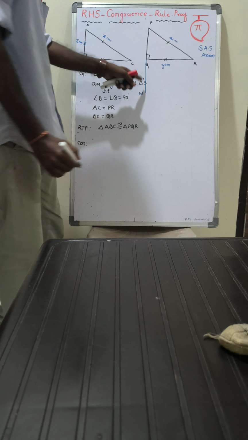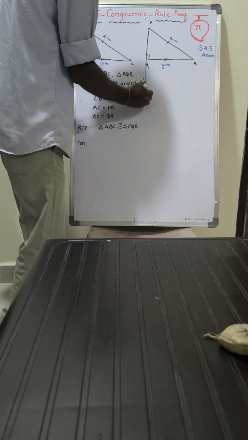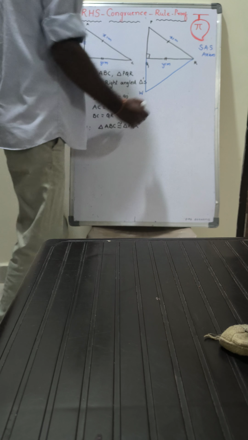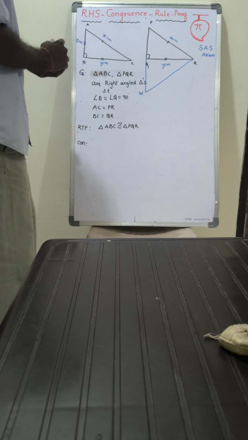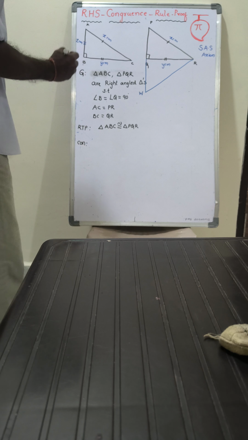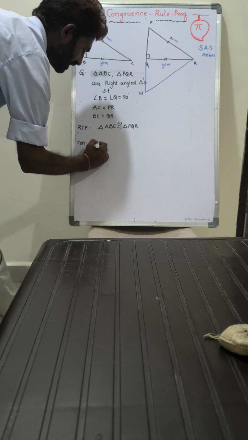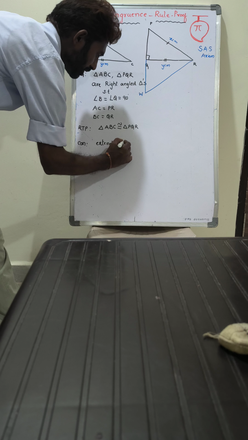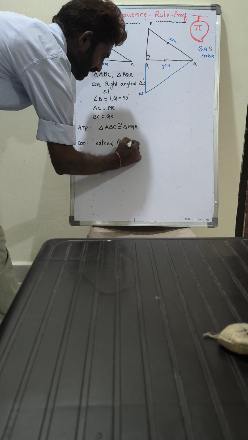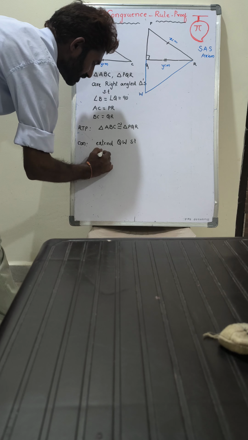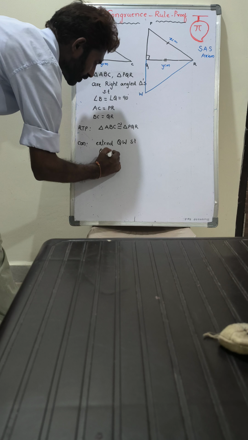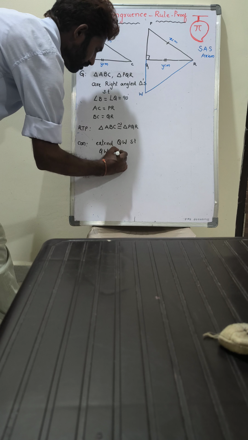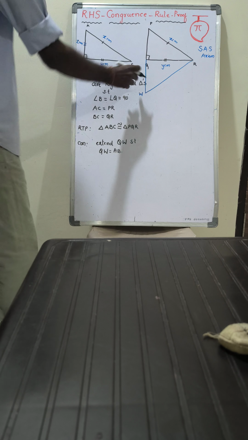Next, you join R and W. This is an extra triangle that we need to construct here. So extend QW such that QW is equal to AB. This is the new construction.